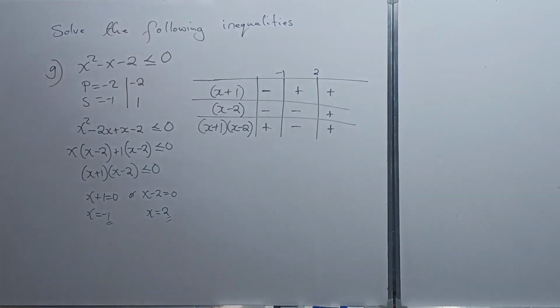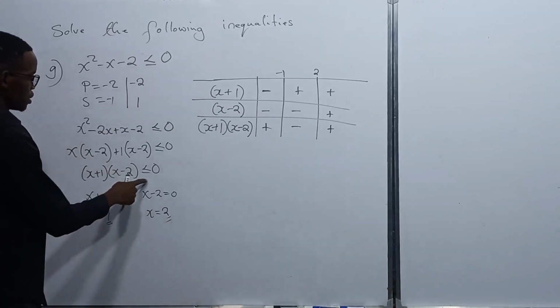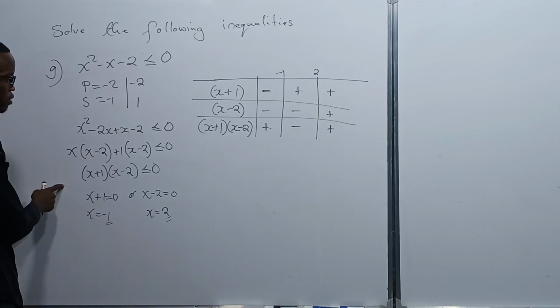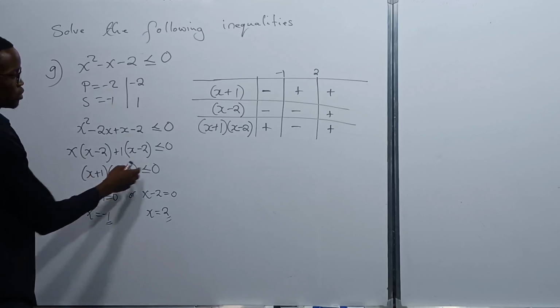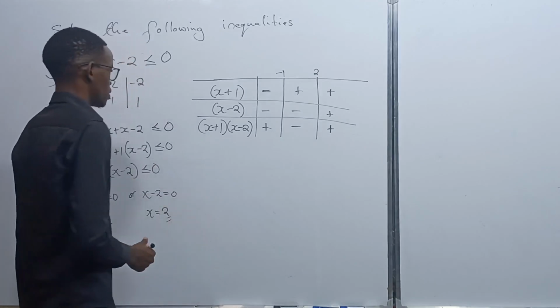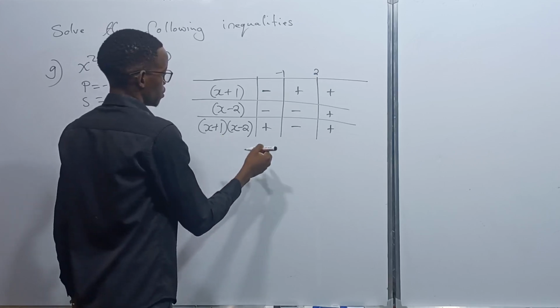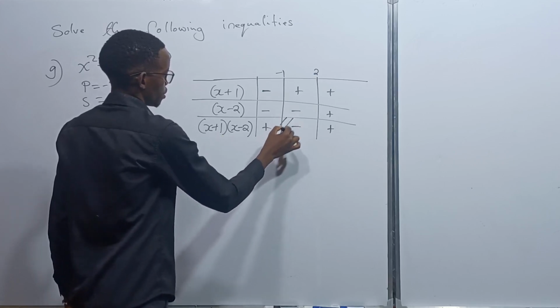Now we need to check in which region the inequality is true. We have less than or equal to 0, meaning this has to be less than or equal to 0. The region we are interested in is this region here.